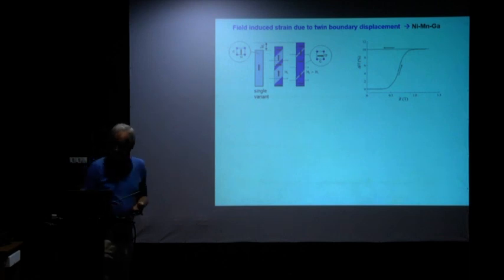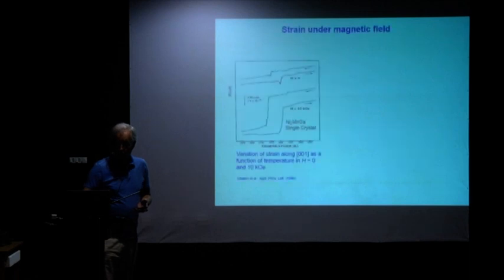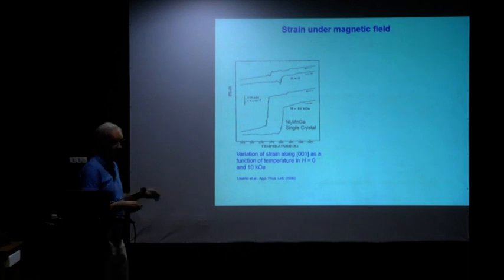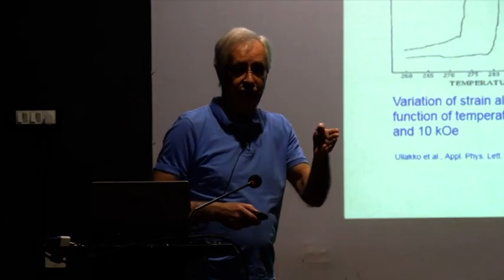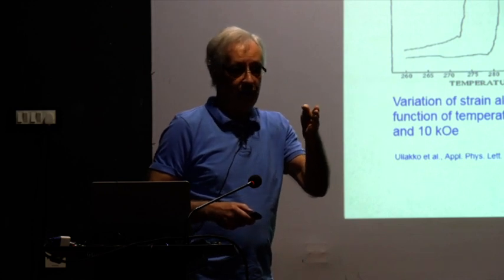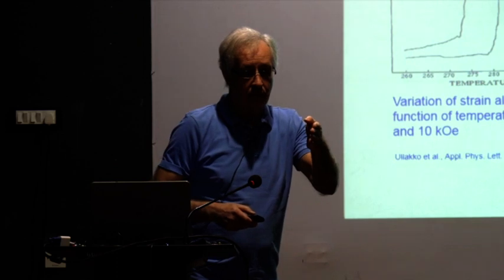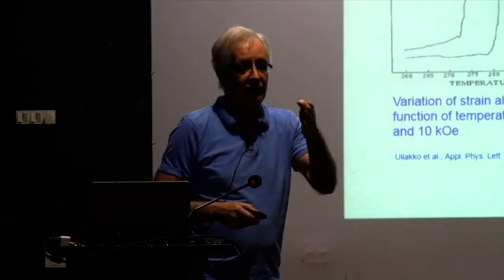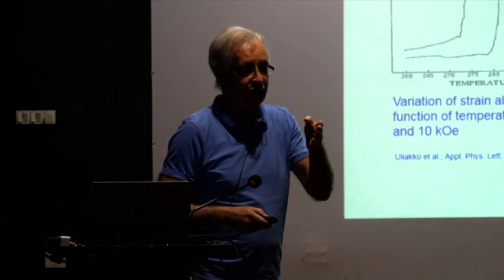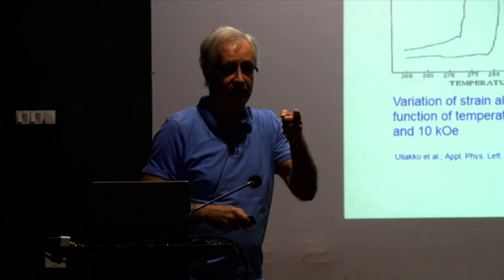So when we cool this through a magnetic field, we are selecting more variants which have an easy axis along the field direction.